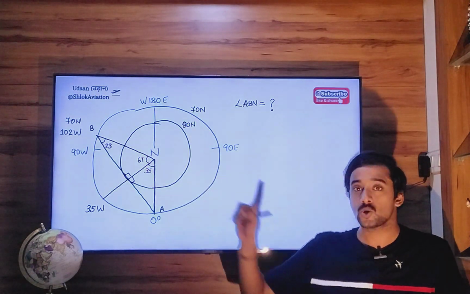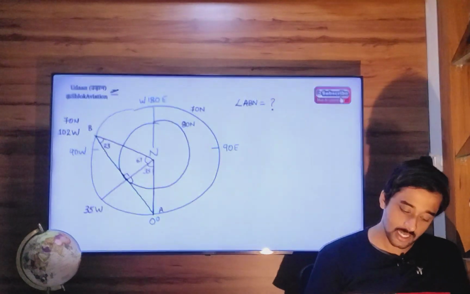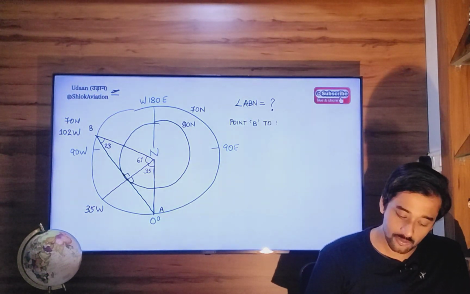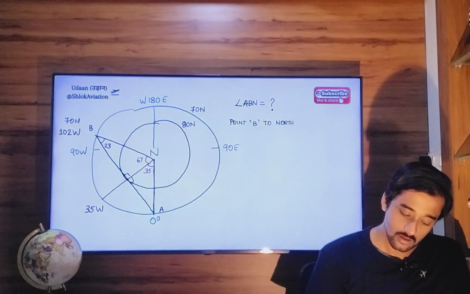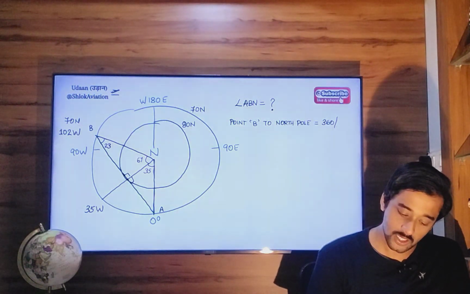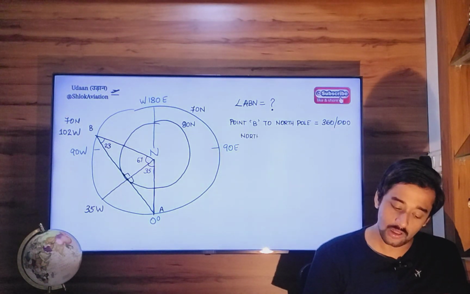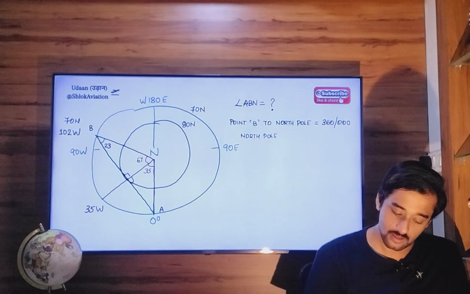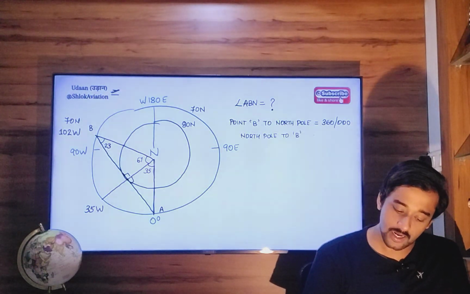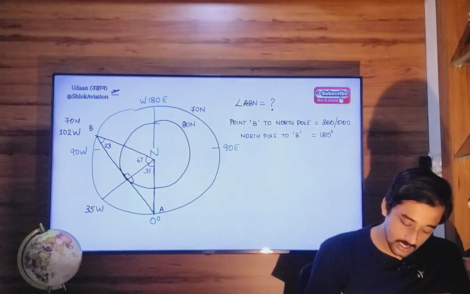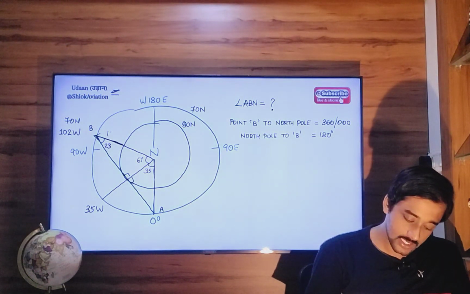So going from Bravo towards the North Pole, the direction is equal to 360 or 000 degrees. If you want to travel from the North Pole back to point B, you will have to travel in the reciprocal direction, 180. Okay, so this direction is 180 degrees.